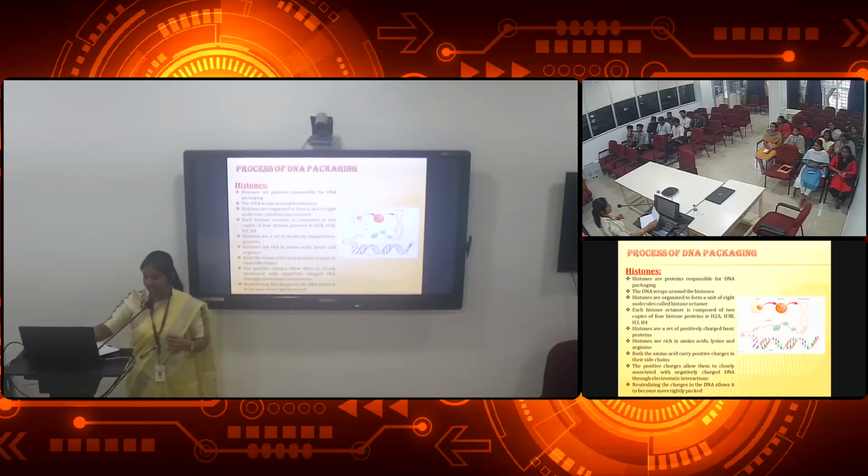They affect the DNA packaging. Acetylation and phosphorylation make the DNA more negatively charged. So that's why the packaging of the DNA is loosened.